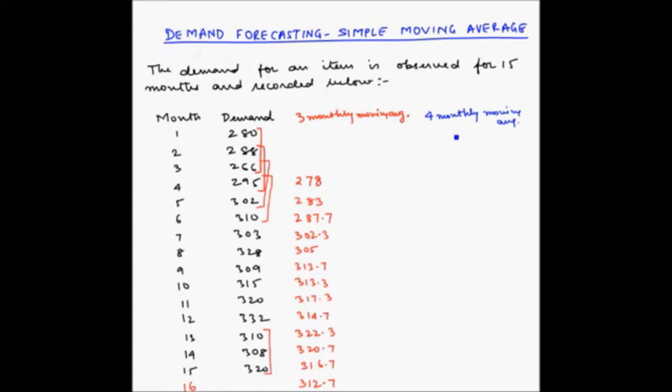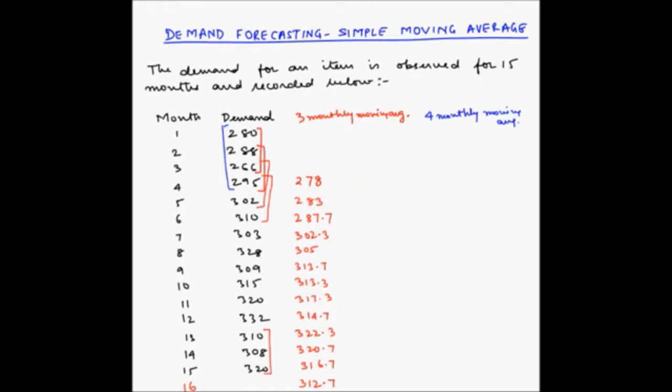In order to find out the 4 monthly moving average, we have to take the average of the last 4 months in order to find the forecast for the 5th month. Now the first 4 months are month 1, 2, 3, 4. So we have to use these demands for the first 4 months to find out the forecast for the 5th month.